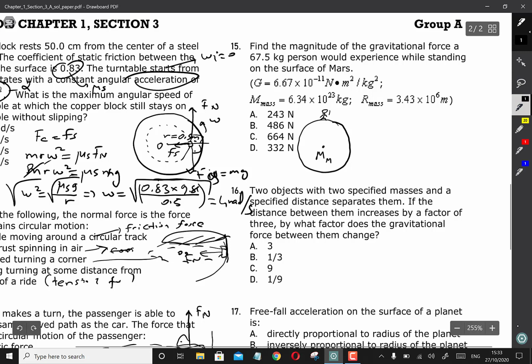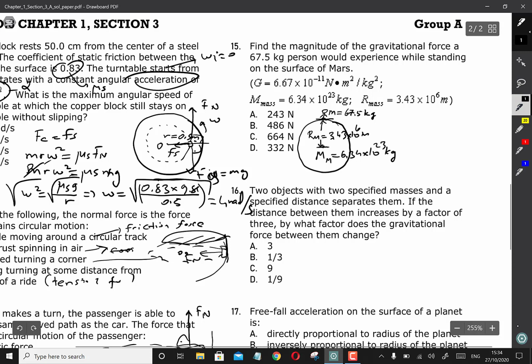That man is small m, and the mass of that man is 67.5 kilograms. The mass of Mars is given as 6.34 times 10 to the power of 23 kilograms. And the distance between these two masses is the radius of Mars. Radius of Mars is given as 3.43 times 10 to the power of 6 meters.